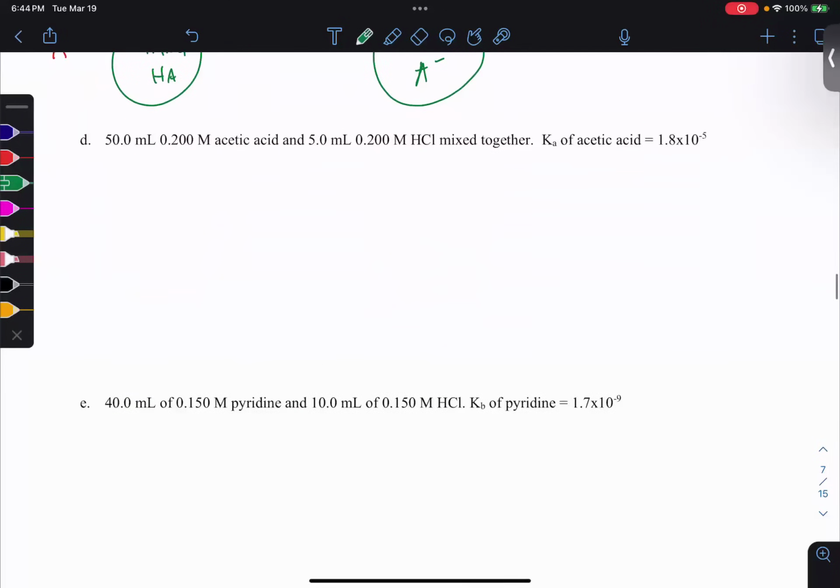Is this the same thing? No, it's not. So what are we mixing together? 10 millimoles of acid, HA. And then what is this? 1 millimole of HCl. Is that a buffer? No, it's 2 acids. So how do we calculate the pH of that? Use the strong one.